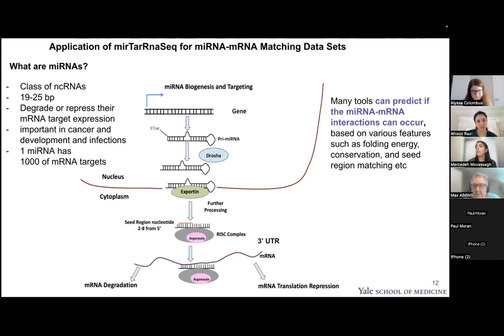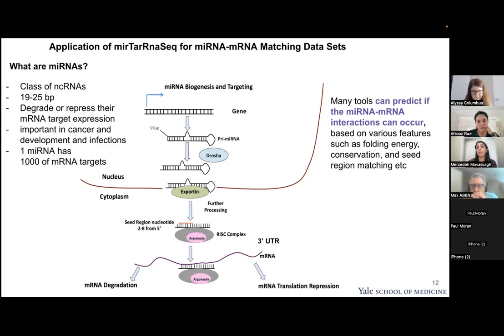Now, there are algorithms that have tried to predict the possibility of this interaction, basically using the base pair qualities of the microRNA mRNA interaction, such as folding energy, conservation, and seed region matching. And so you could use those.